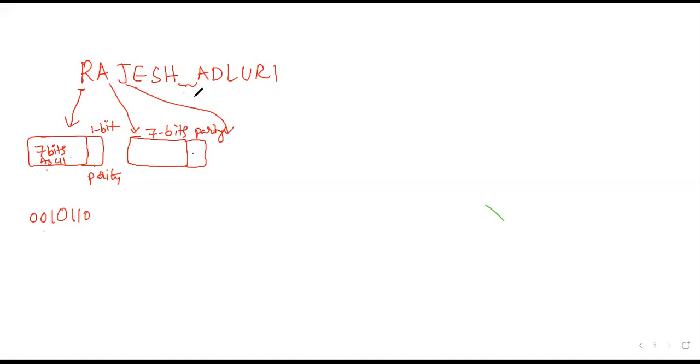Like this J, A. So how many letters are there? 1, 2, 3, 4, 5, 6, 7. This is also counted: 8, 9, 10, 11, 12, 13. So to represent each symbol, we need 8 bits.